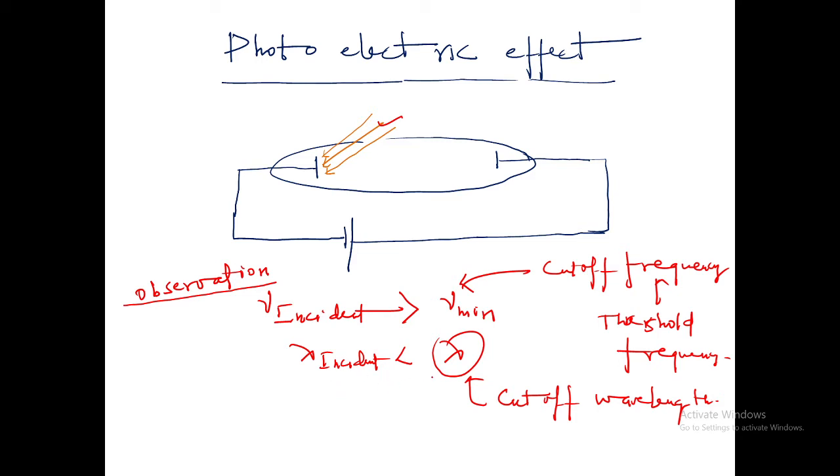In that case electrons are ejected. This ejected electron is known as a photoelectron. And if these photoelectrons are accelerated in a properly maintained electric field, then the current obtained is called photoelectric current.